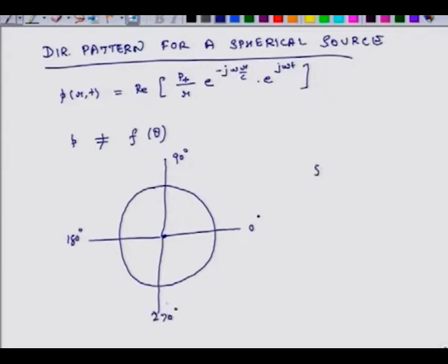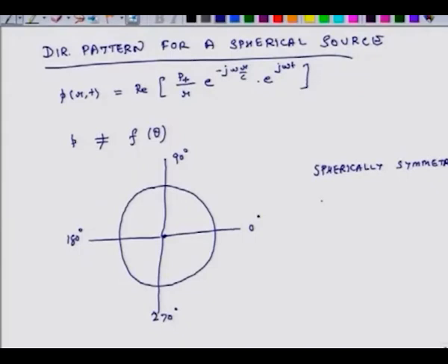So, here we have a spherical source, and because it is spherically symmetric, and because we are looking at the pattern on a plane, on that plane this spherical symmetry translates to a circular pattern. Okay. So, it translates to a circular pattern.